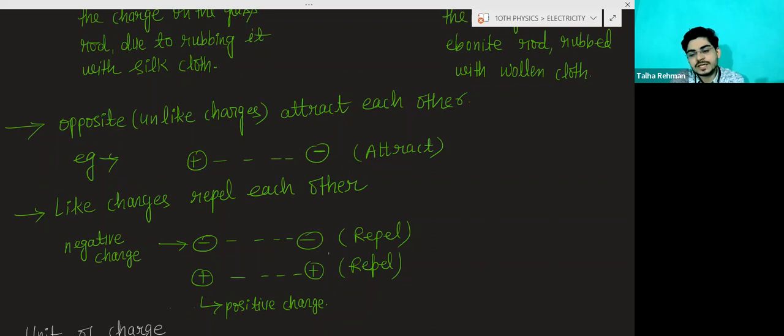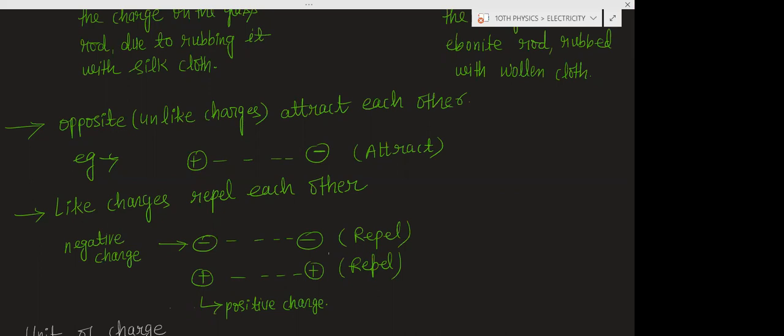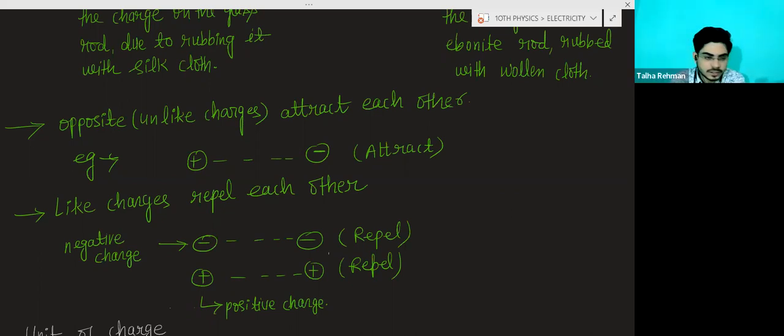Can you tell me what is the unit of refractive index? Refractive index doesn't have any unit. Right. Refractive index does not have any unit because the refractive index of any medium is the ratio of the speed of light in vacuum divided by the speed of light in that medium.